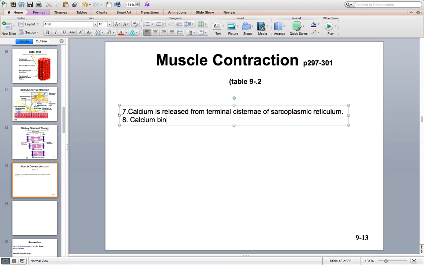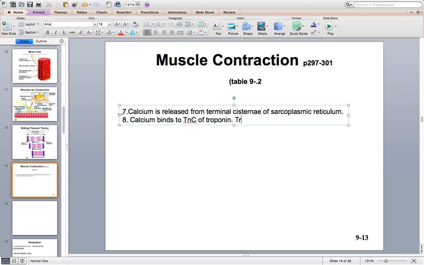That calcium is going to bind to the TnC of troponin. And remember that TnC always has 2 calcium bound to it, but it needs 2 more to move.